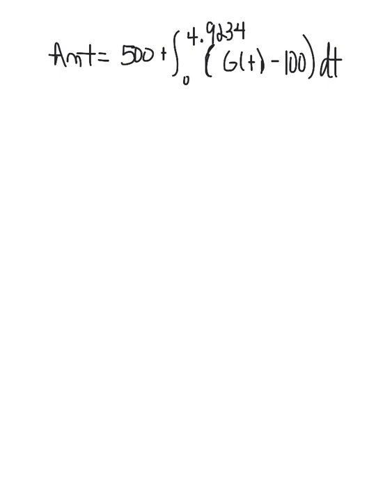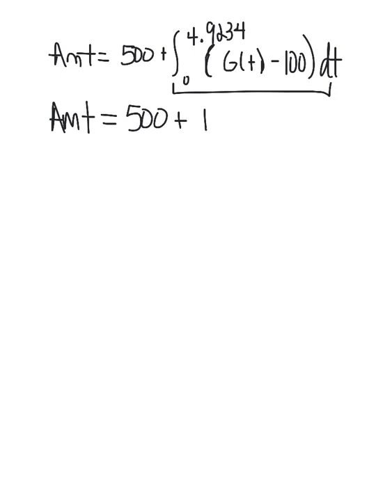Your amount at that time, at 4.9234, is going to be 500 plus, and then you're going to put this in your calculator. Why don't you pause me, work that out, and see what you get.